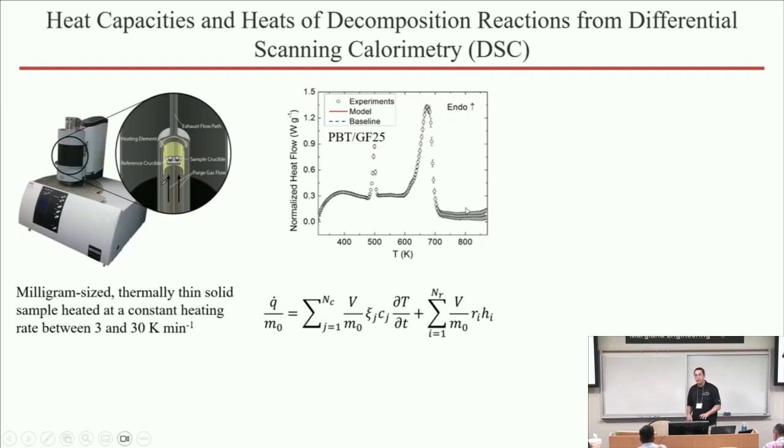The expression on the left shows you the contributors to this heat flow curve. If you take the thermal decomposition model that we developed based on TGA, this is where hierarchical comes into play, because we use the data from the previous analysis to analyze this data.